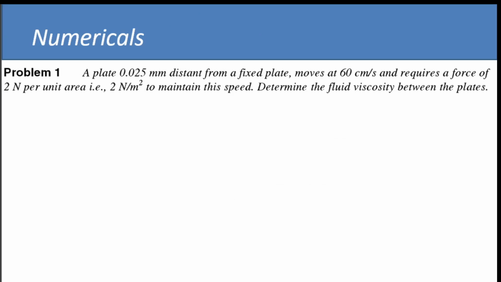Now we'll go to the numerical on Newton's law of viscosity. The numerical is like this. A plate 0.025 millimeter distant from a fixed plate moves at 60 centimeter per second and requires a force of 2 Newton per unit area, that is 2 Newton per meter square, to maintain the speed.